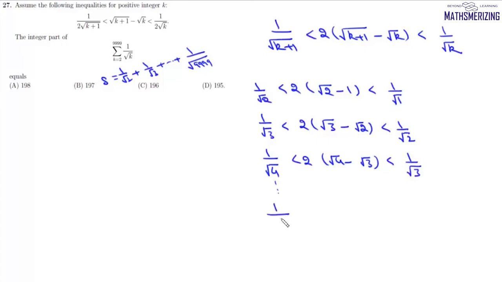We can write 1 upon root of 10000 will be less than 2 into root of 10000 minus root of 9999, and it will be less than 1 upon root of 9999. Now we'll add them all up.